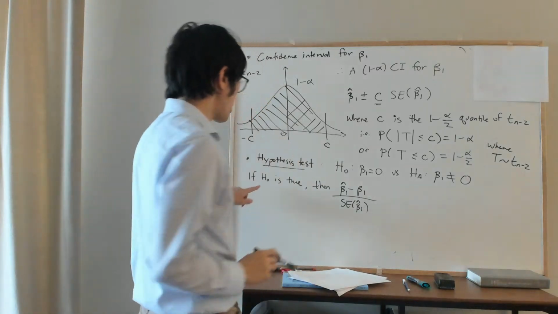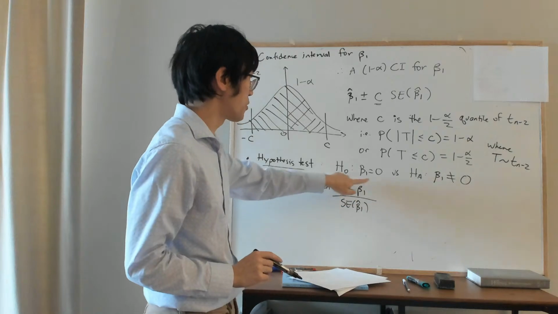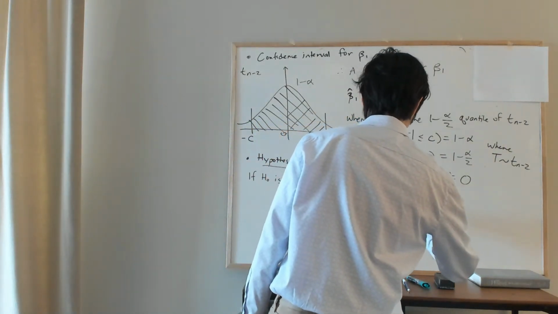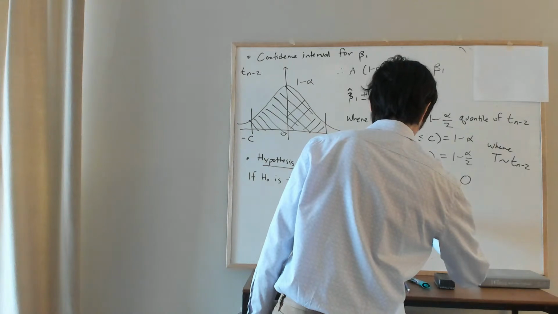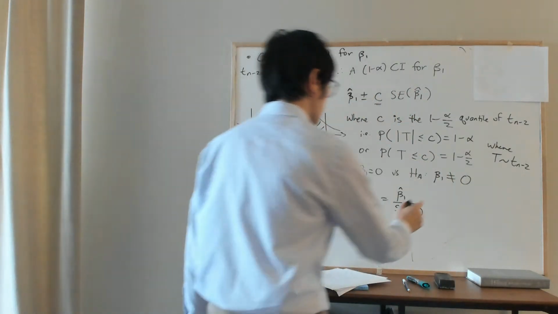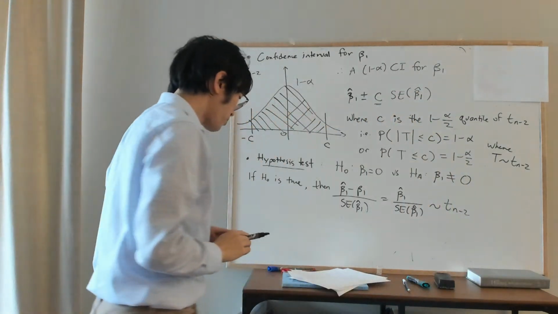If the null hypothesis is true, then we can plug in the null hypothesis value, beta 1 equals 0. So this would be beta 1 hat over its standard error, and it would have a t distribution with n minus 2 degrees of freedom.